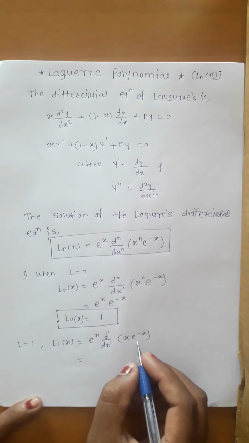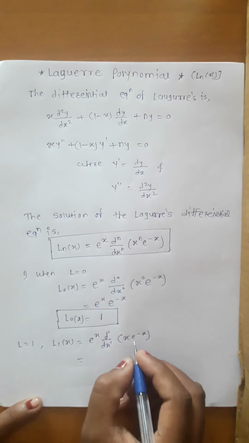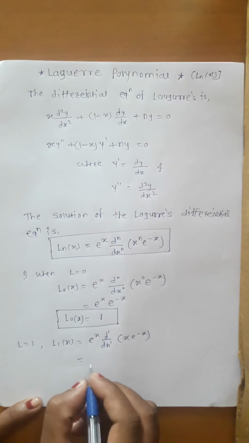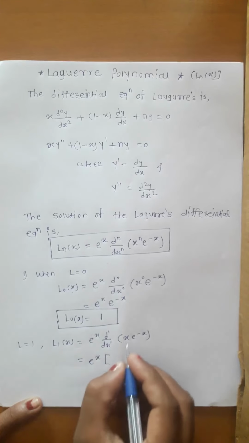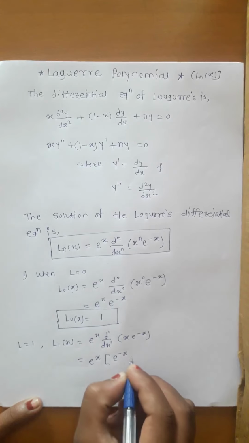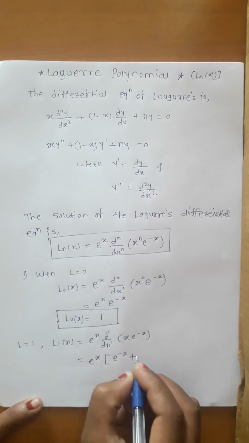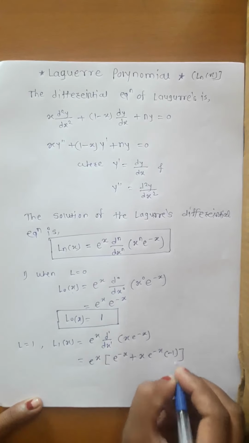We have to apply the derivative rule for u into v. E raised to x into, derivative of x is 1, and e raised to minus x, plus x e raised to minus x into again derivative, minus 1.